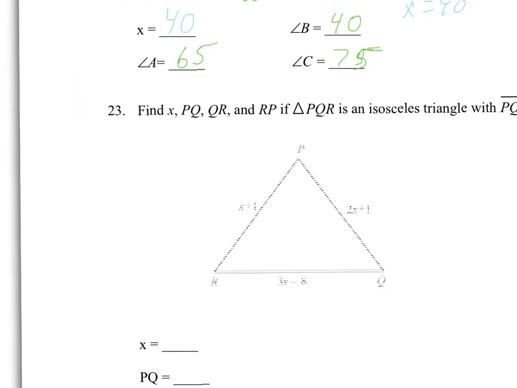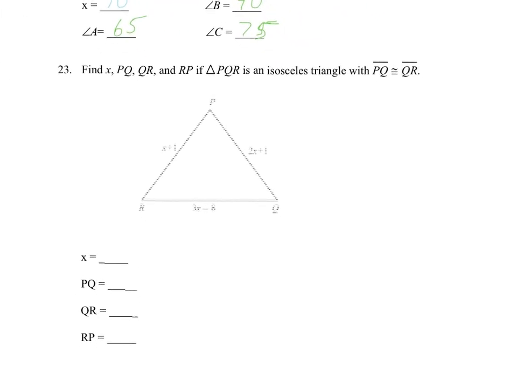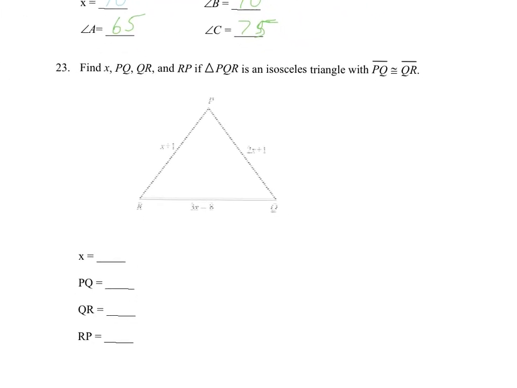All right. Okay, this one you have to be careful with. It's an isosceles triangle, but what two sides are congruent? Well, they tell us that it's PQ and QR. There's P, there's Q. So PQ and QR, which are these two segments right there. This one is 2x plus 1.